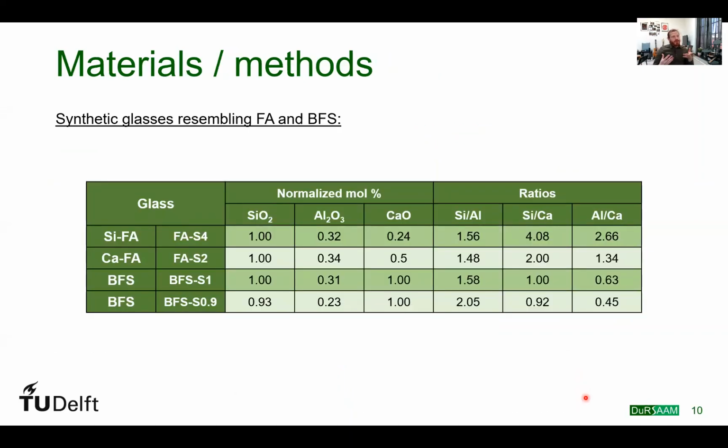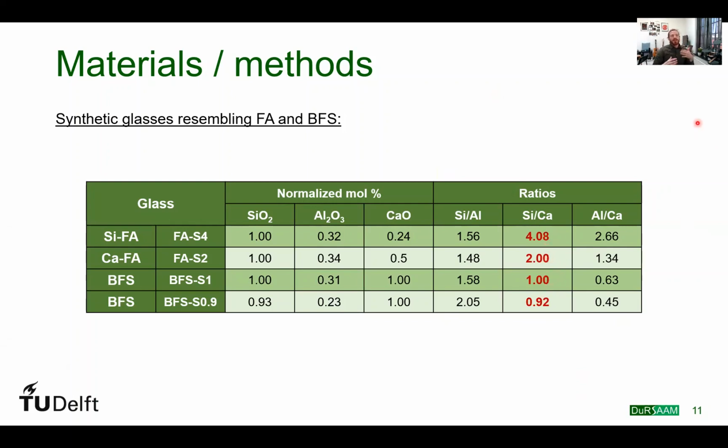So we chose to use the approach of synthetic glasses that resemble siliceous fly ash, calcareous fly ash, and two different blast furnace slags, using silicon, aluminum, and calcium as the components. The main thing about these glasses is that they have variable silicon to calcium ratios from 4 to 0.9.